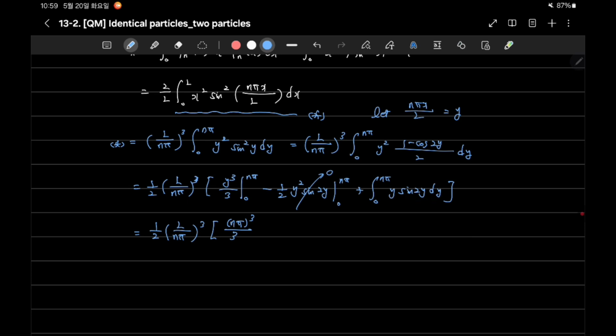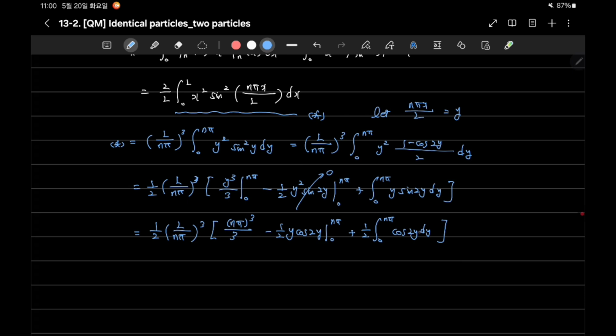At first integrating, it is minus 1/2 y cosine 2y from 0 to n pi, plus the integral from 0 to n pi of cosine 2y dy.